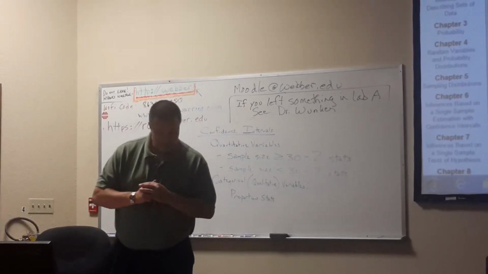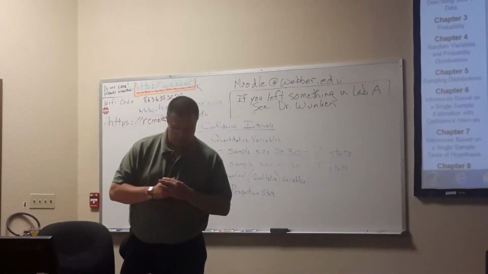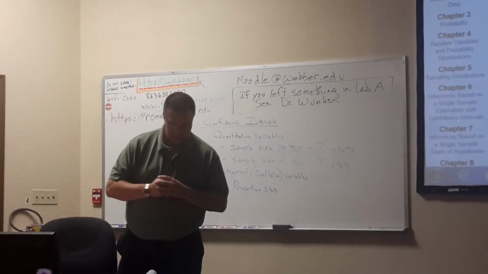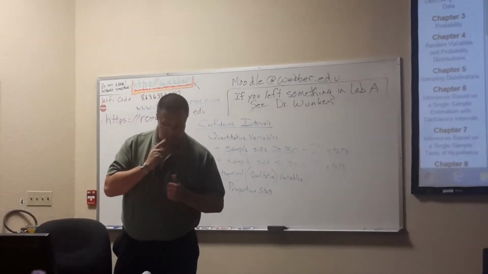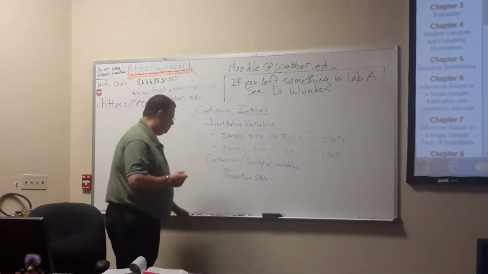So let's take a look at page 308, problem 6.8 in your book. It says the mean and standard deviation of a random sample of n measurements are equal to 33.9 and 3.3 respectively.